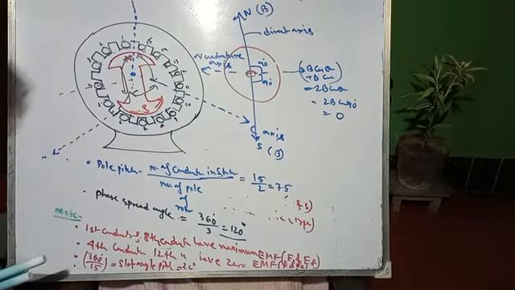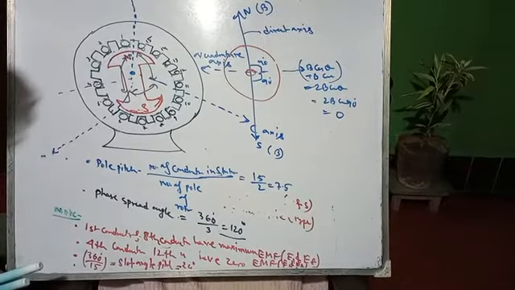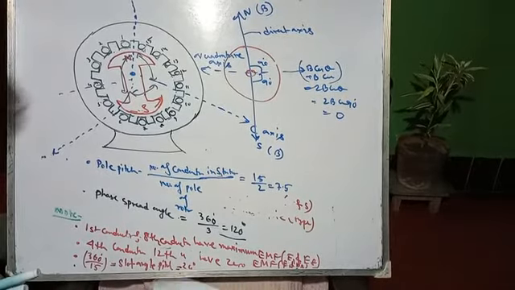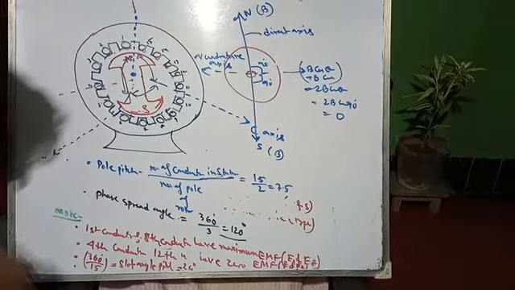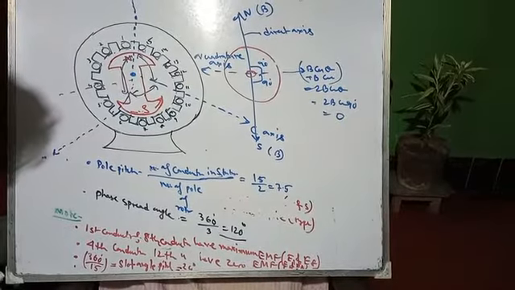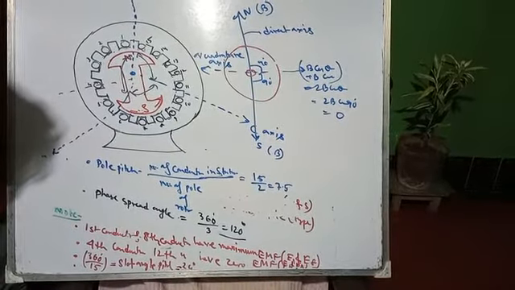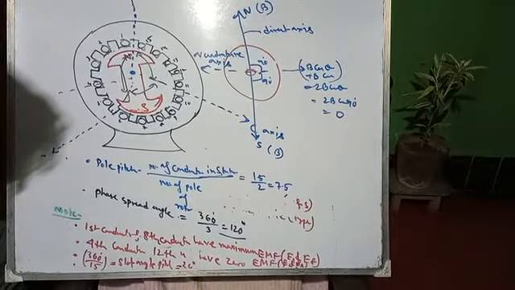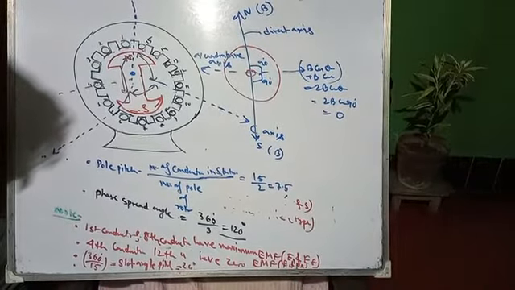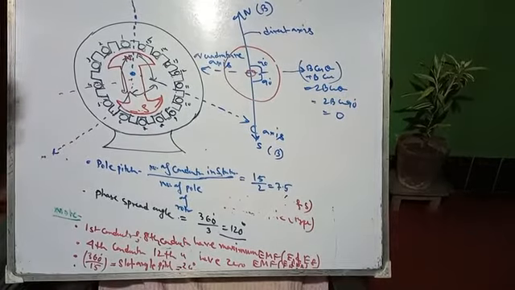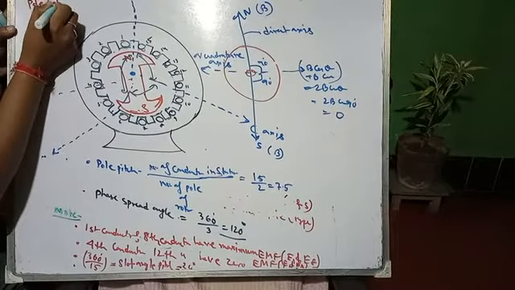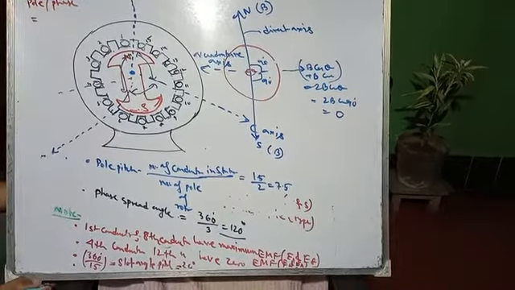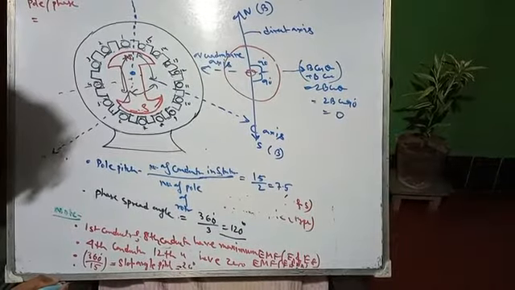Now you have to assume pole per phase. How many poles are there per phase?